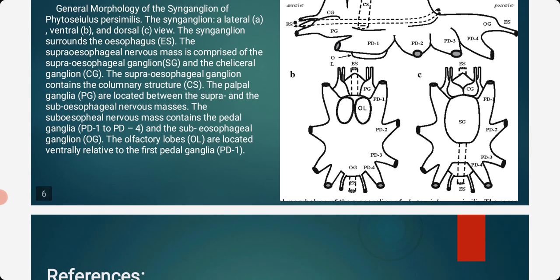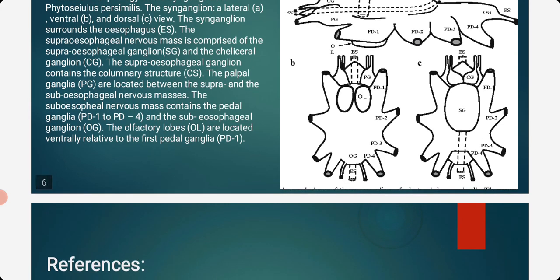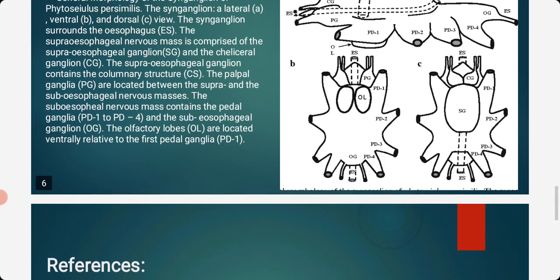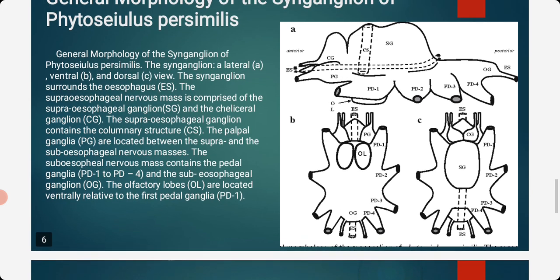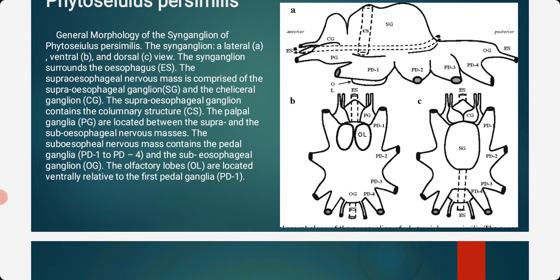The subesophageal nervous mass contains the pedal ganglia, or PD-1 to PD-4, and the sub-esophageal ganglion, OG. The olfactory lobes, or OL, are located ventrally, related to the first pedal ganglia, PD-1.